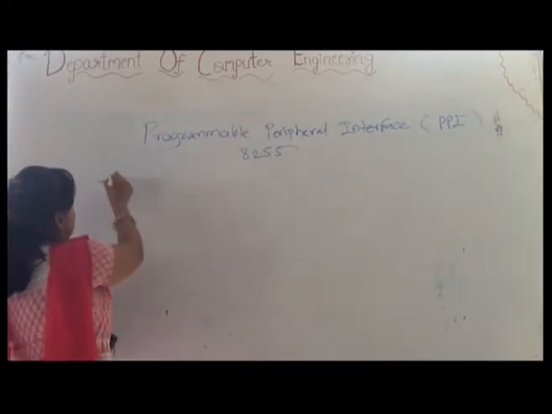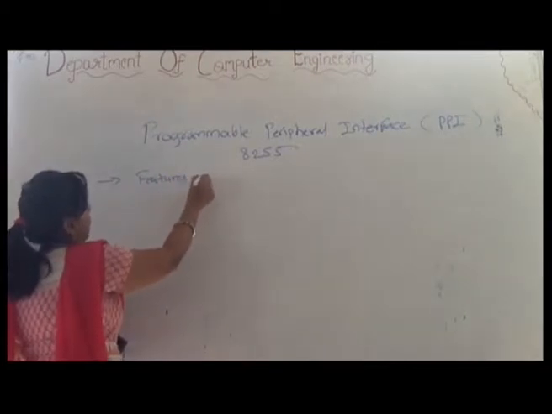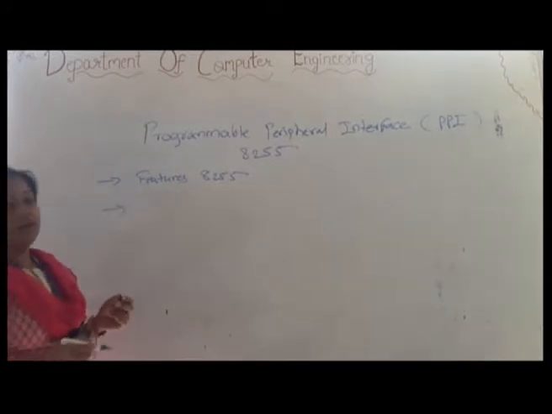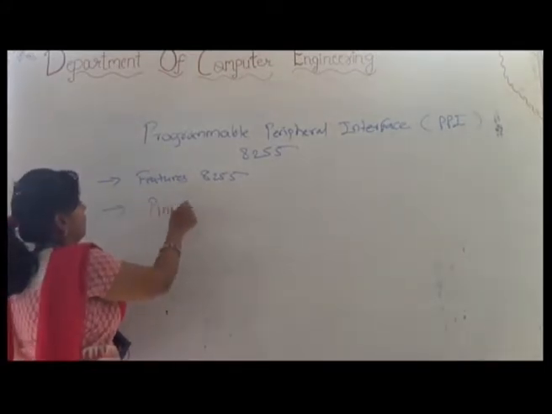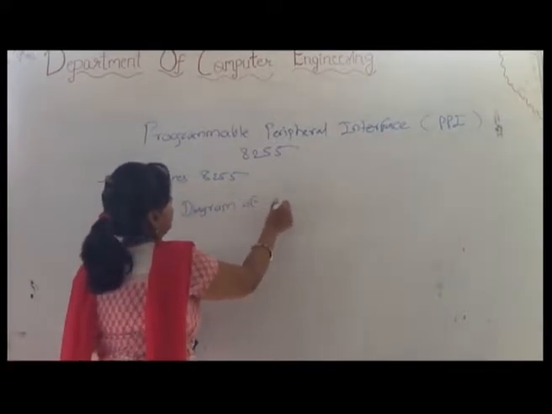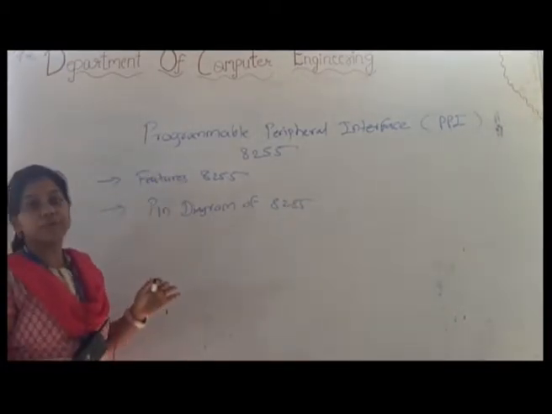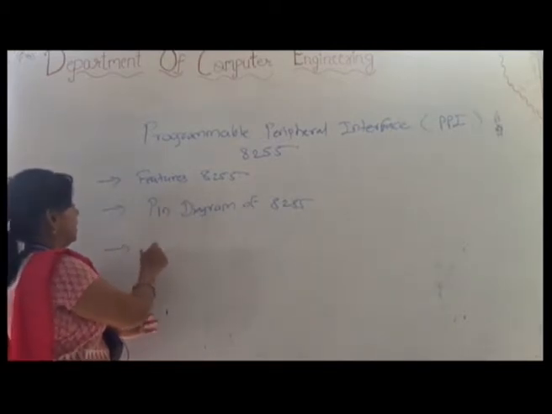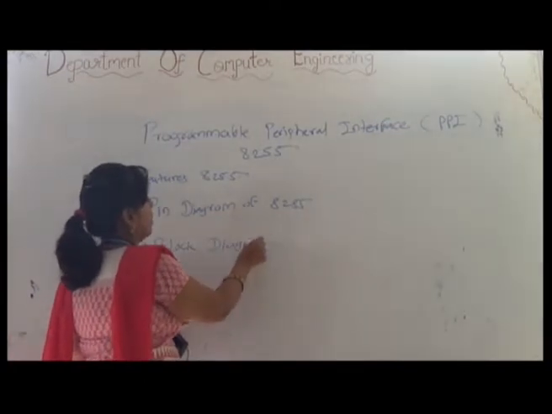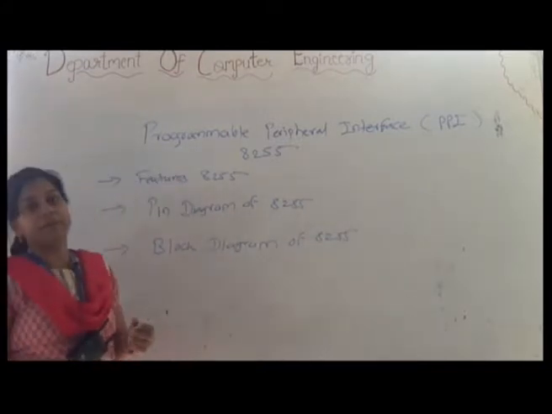First we will discuss features of 8255. Then we will see the pin diagram of 8255, and after the pin diagram, pin configuration of 8255, we will discuss in detail the block diagram of 8255 peripheral interface device.